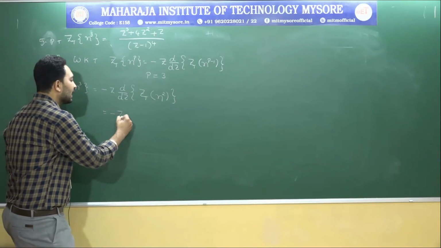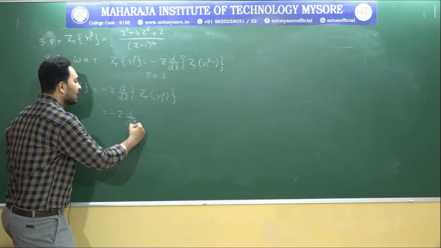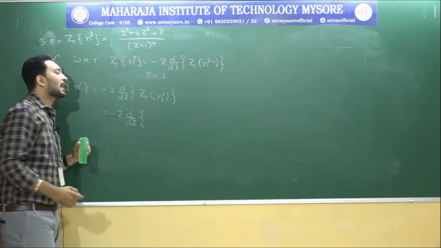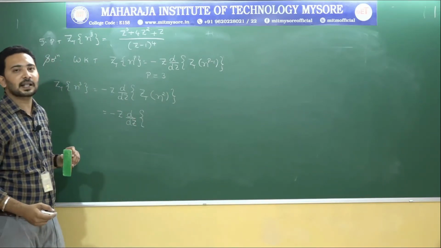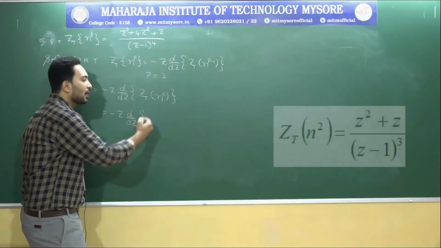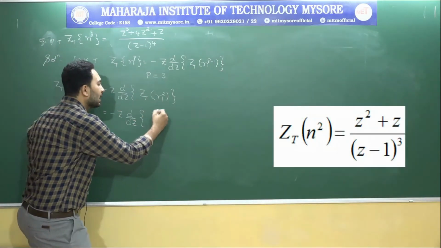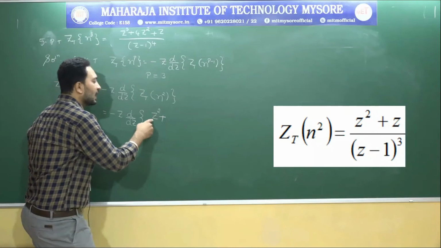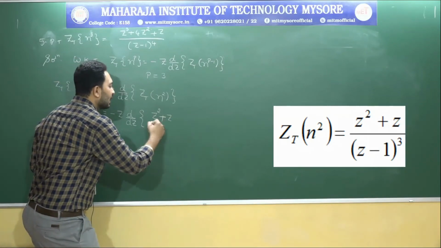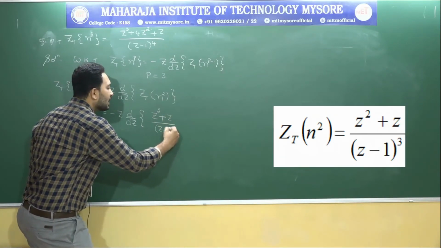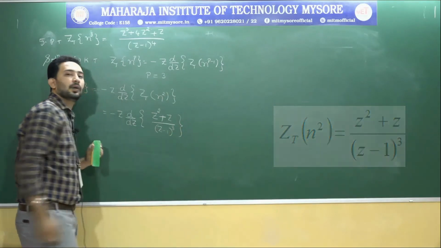So minus z d by dz into the z transformation of n square. What is the z transformation of n square? Just now we have solved this one. It is z square plus z divided by z minus 1 whole cube.